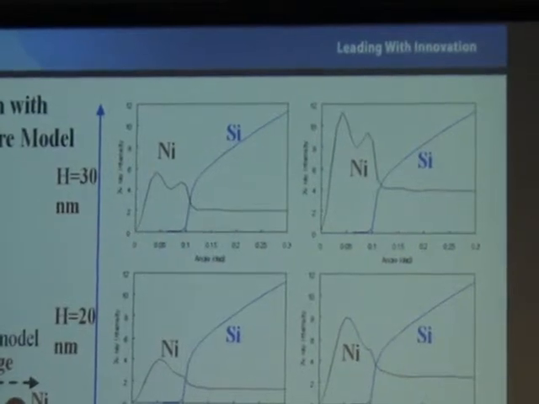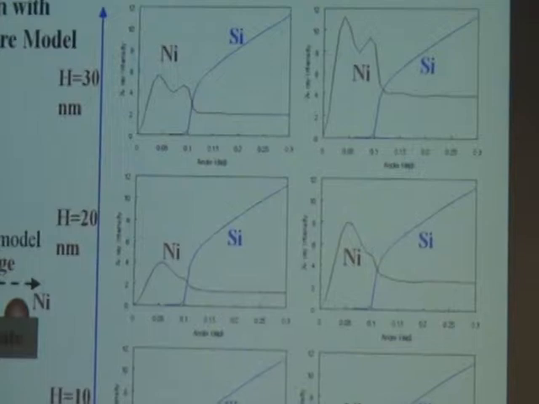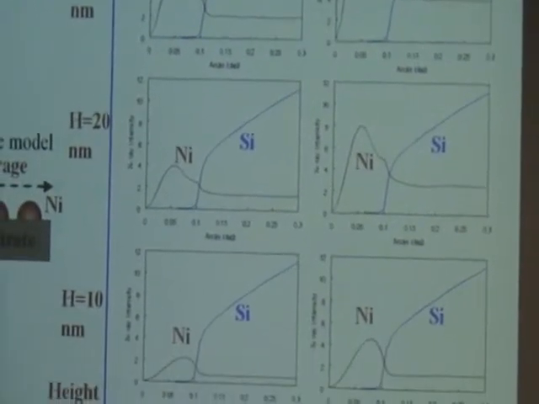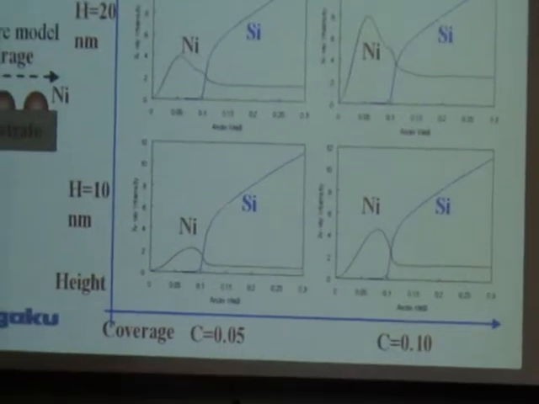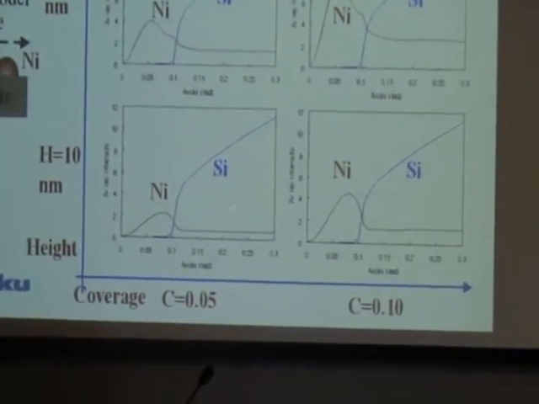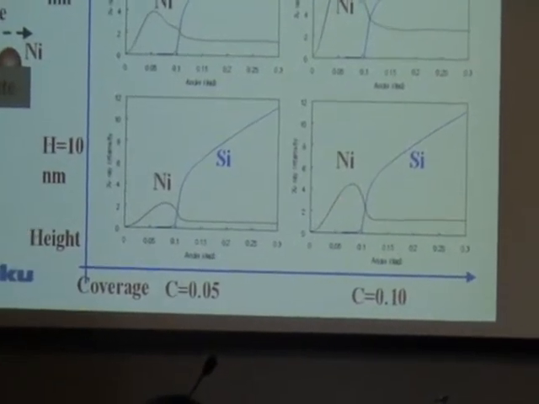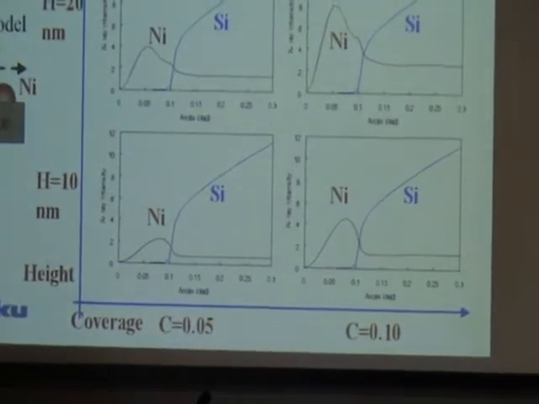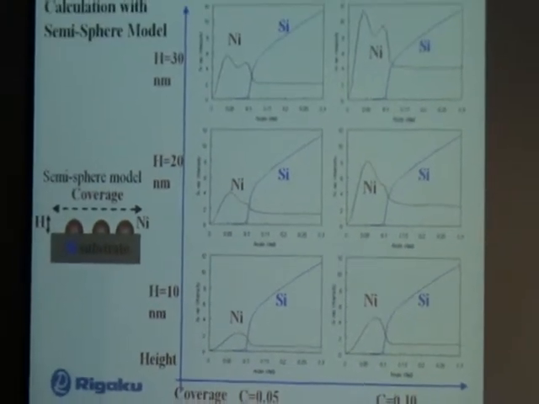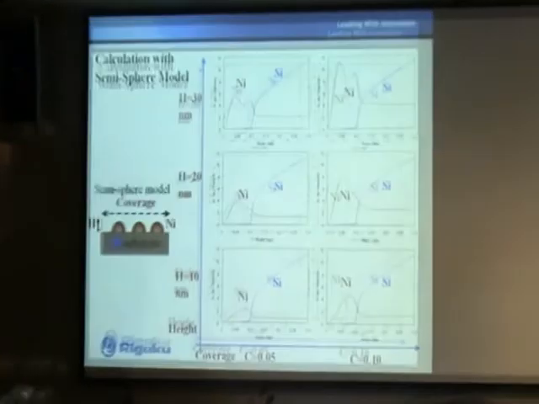And if we change the coverage, 5% of the surface coverage, and 10, the relative intensity of nickel and silicon changes. So by comparing those intensities, we can estimate the coverage. Unfortunately, we don't have a comparable calculation.